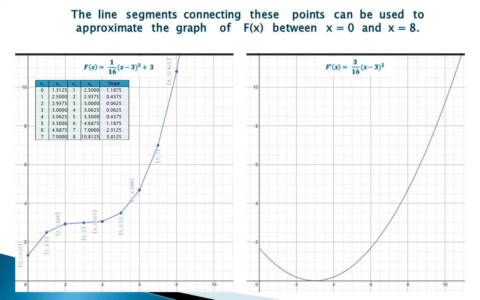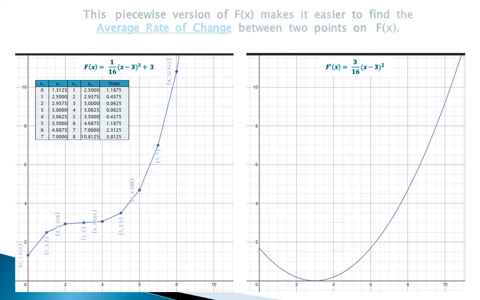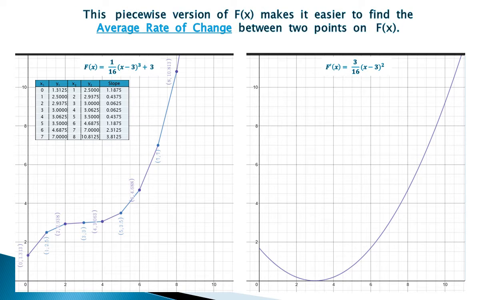The line segments connecting these points can be used to approximate the graph of f of x between x equals 0 and x equals 8. This piecewise version of f of x makes it easier to find the average rate of change between 2 points on f of x.